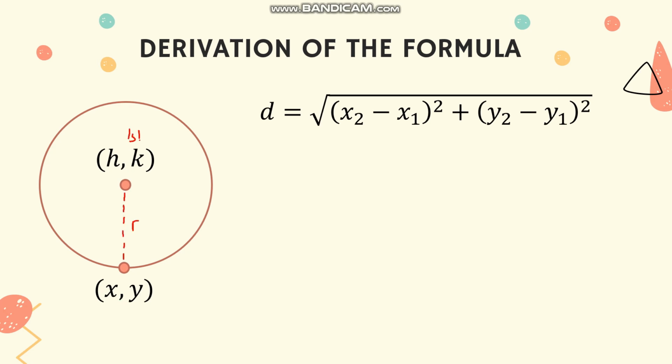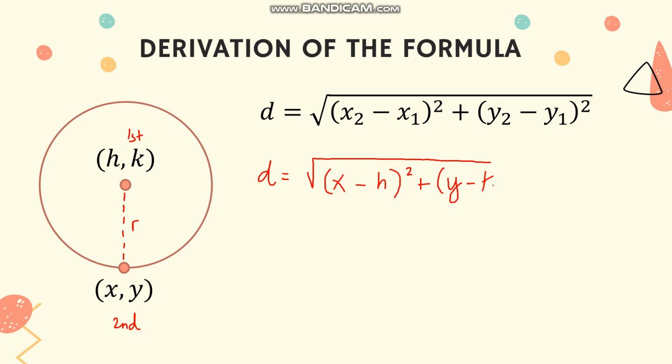Let's say this is your first point, this is your second point. Again, what I'm showing you here is just the derivation of the equation of a circle. So we have d = √((x − h)² + (y − k)²), where x₂ is x, x₁ is h, y₂ is y, and y₁ is k.